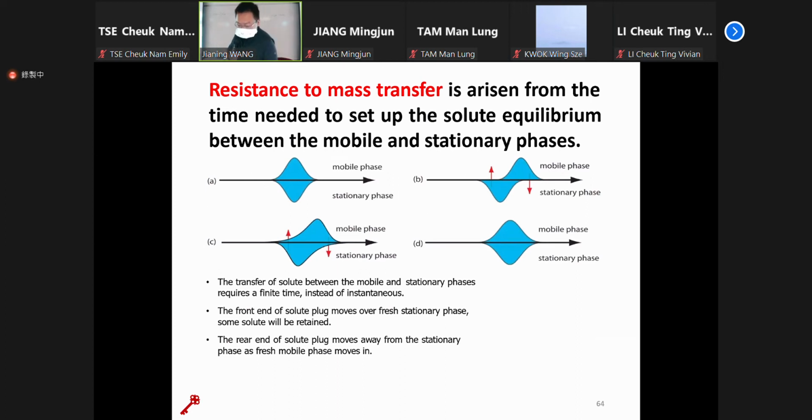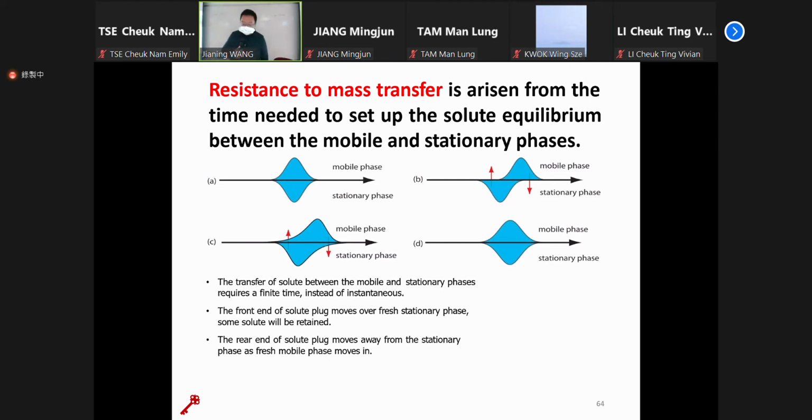And this is the third term, we call the resistance to mass transfer. This term arises from the time needed to set up the molecular equilibrium between the mobile and the stationary phases.